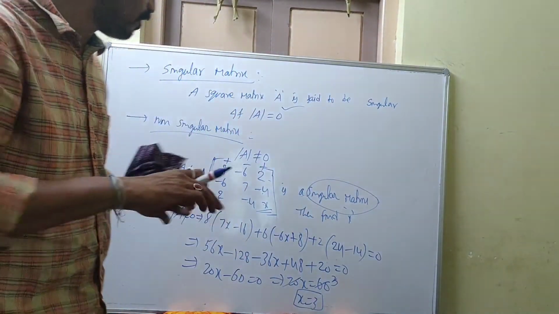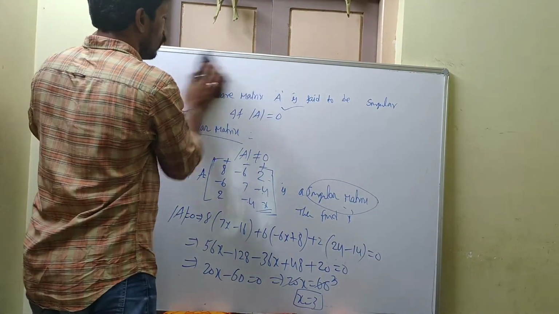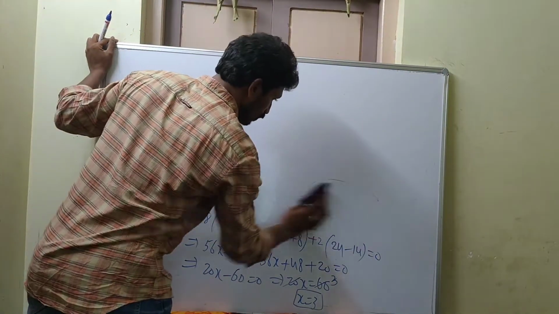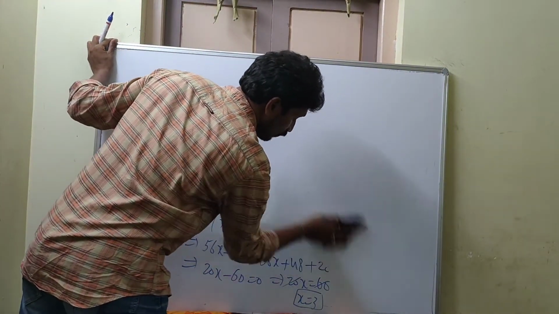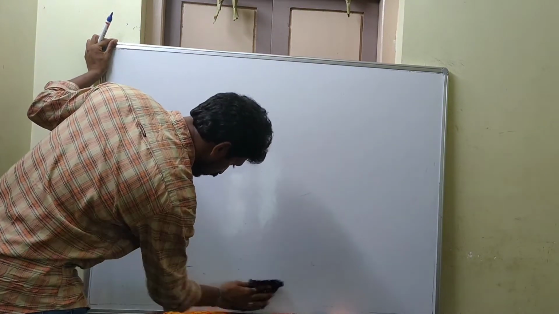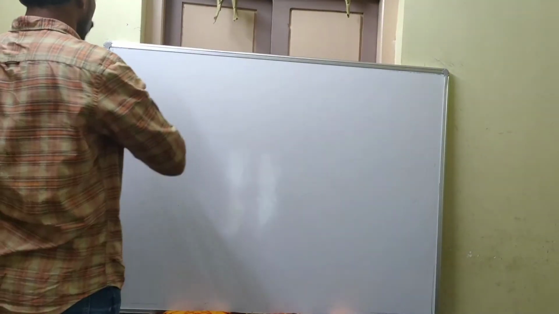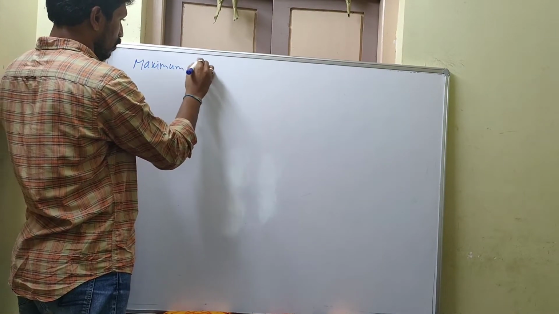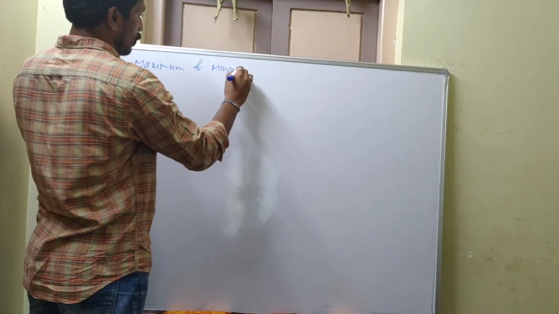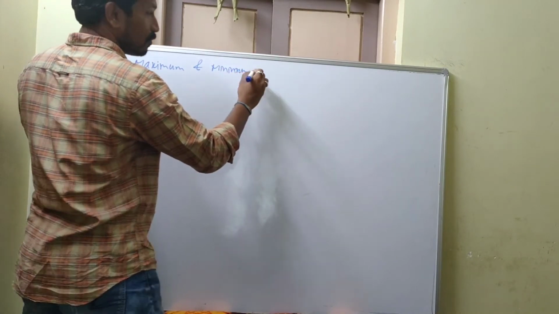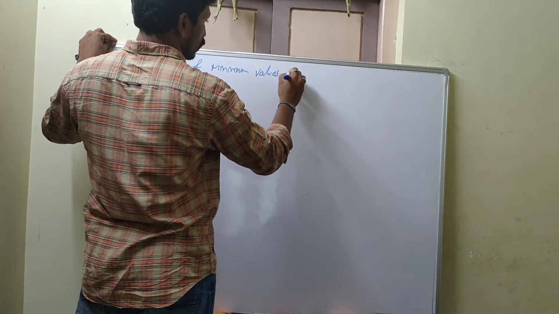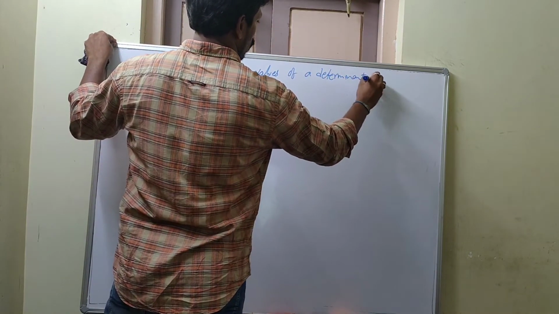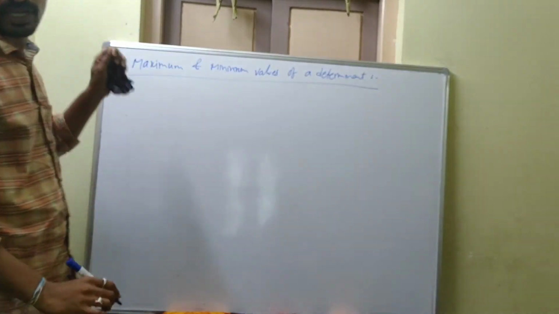Maximum and minimum values of a determinant whenever they given entries, by using given entries. Maximum and minimum values of a determinant. Okay.